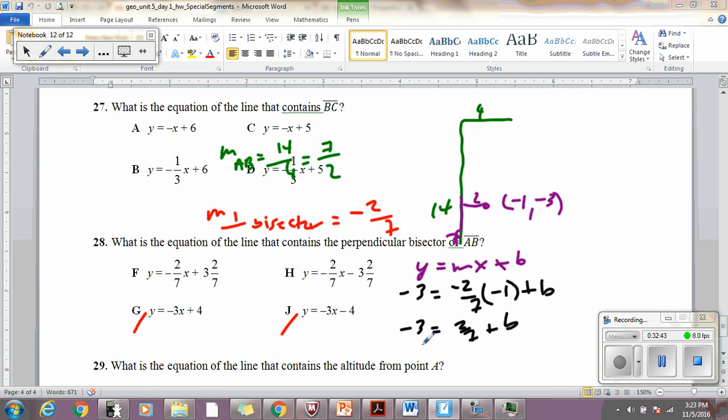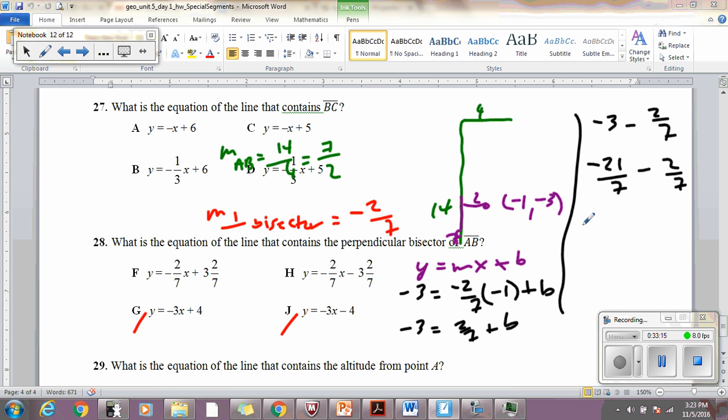And then I would subtract 2 over 7 from both sides. So it would end up being negative 3 minus 2 over 7. Let's use our fraction skills to get a common denominator. So this would be 7 times 3 is 21. So negative 21 sevenths minus 2 sevenths.